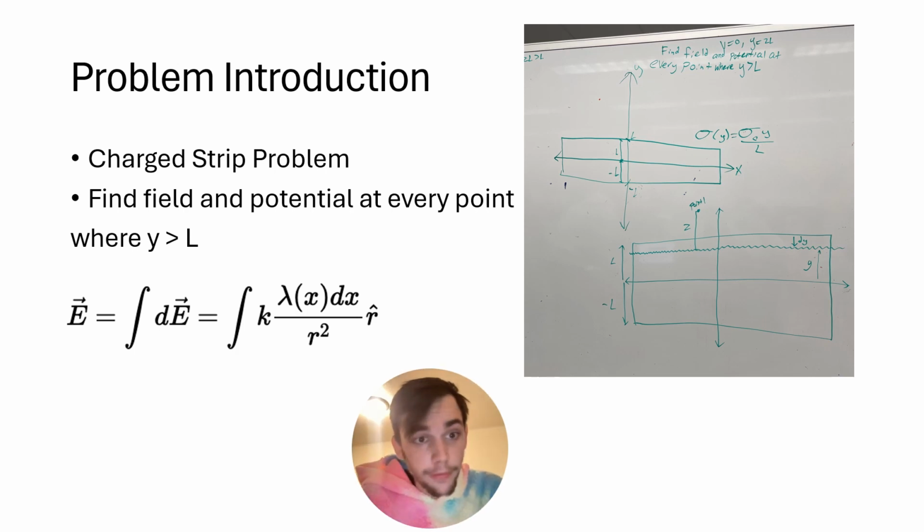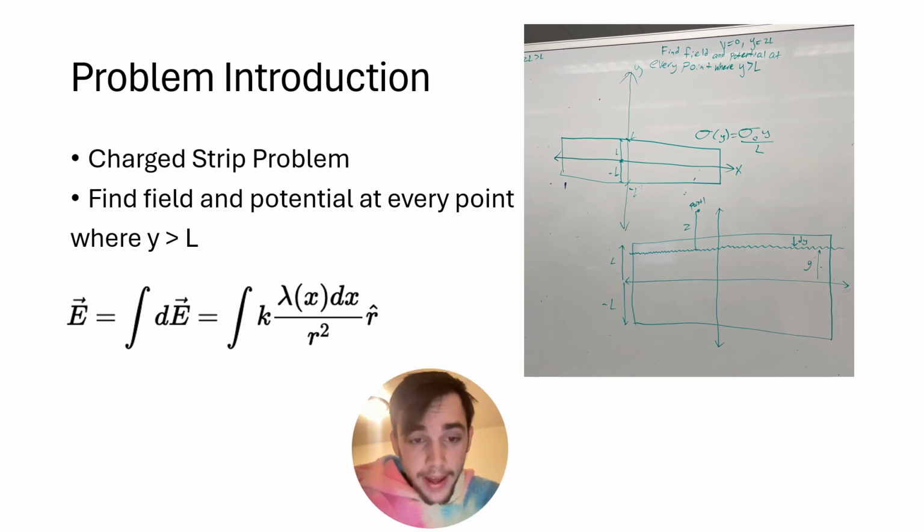Now, to solve for this, we will be using the chop, add, multiply method. With this one, we are given this equation: E equals the integral of dE equals the integral of k lambda x dx over r squared times r hat. What this is telling us is that we are going to be integrating our charge density over the distance squared that we are measuring from, times the unit vector towards our point.